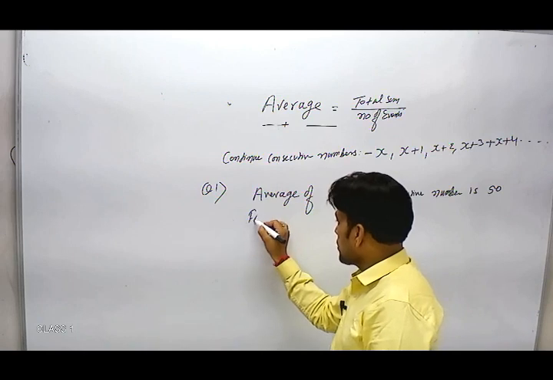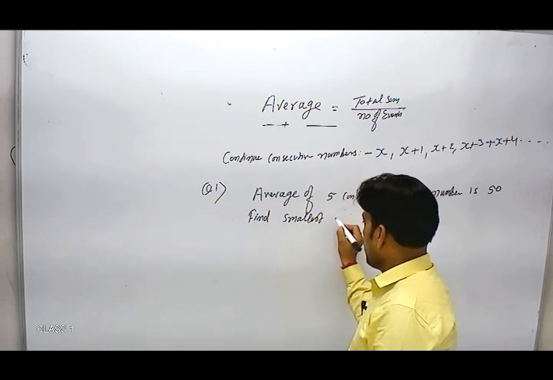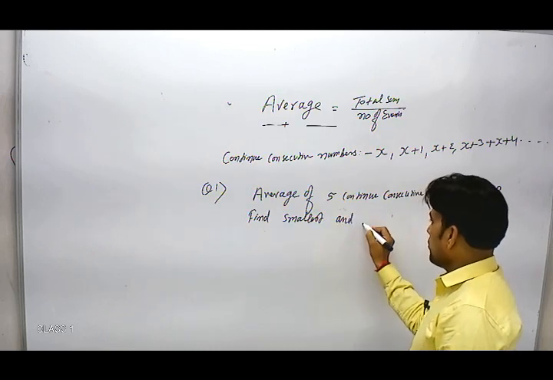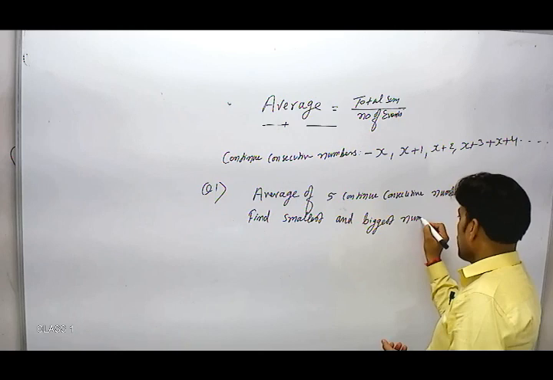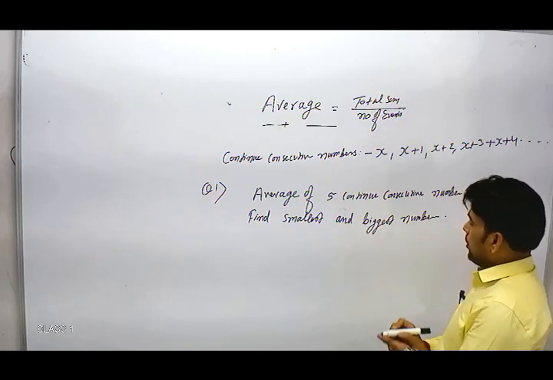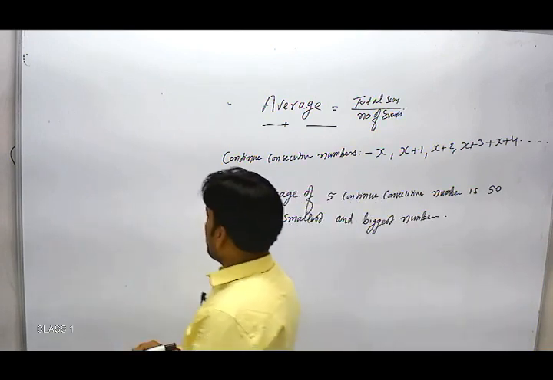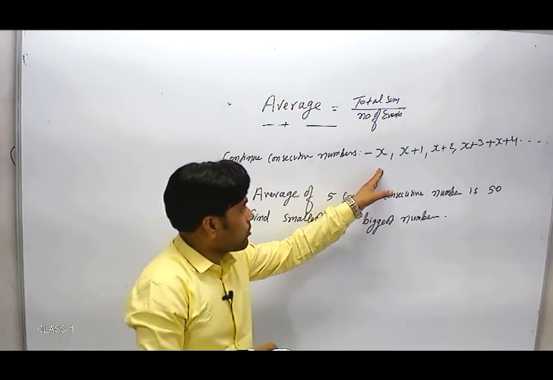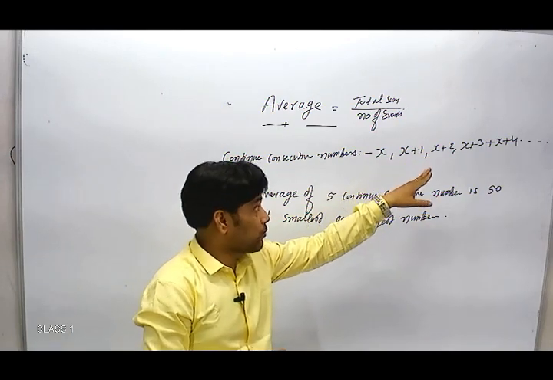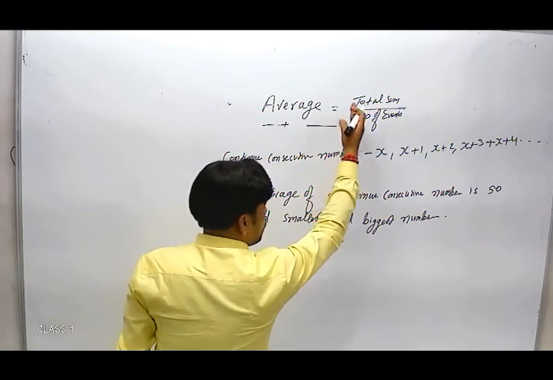Find the smallest and biggest number. Dear friends, how could you start that by solving it? Basically when you start it, there is a need of the basic method, x plus 1, x plus 2, x plus 3, x plus 4. According to the question, total sum.